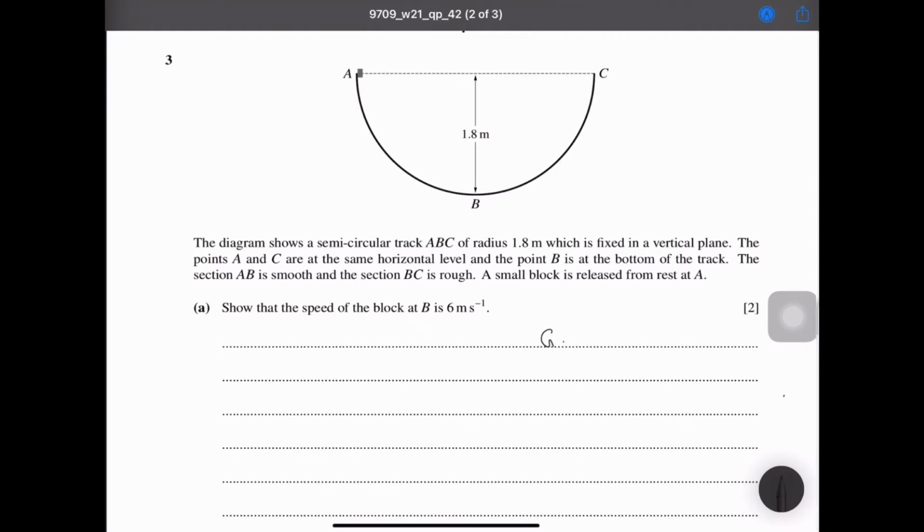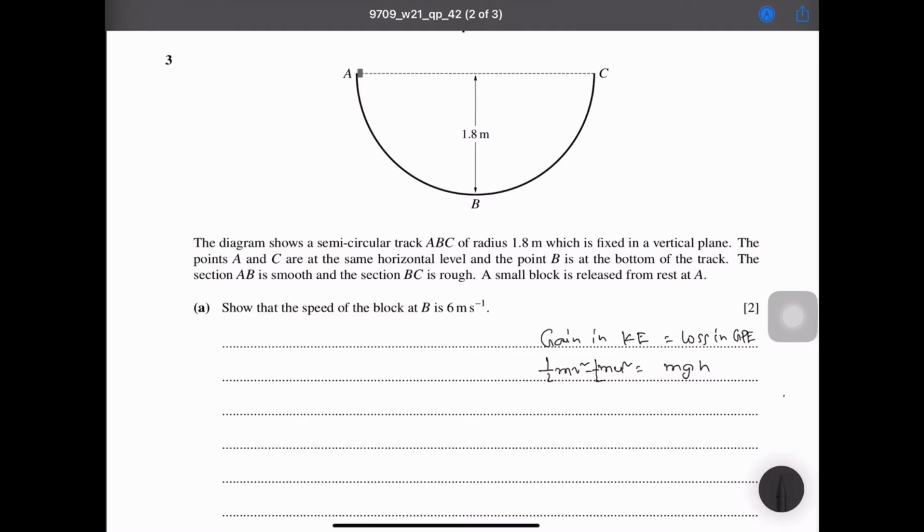Gain in KE equals loss in GPE. Gain in KE, I mean half mv square minus half mu square, equals mgh.